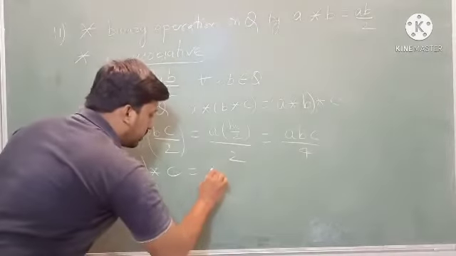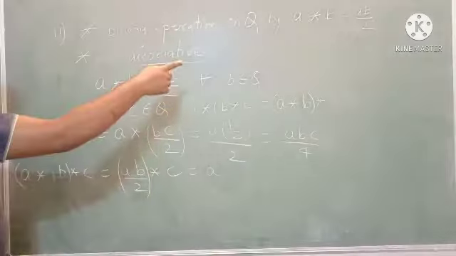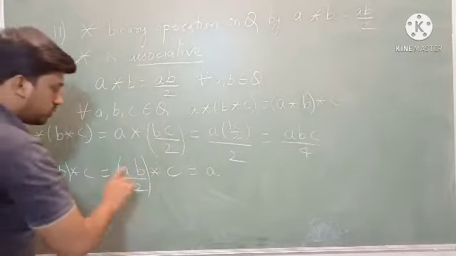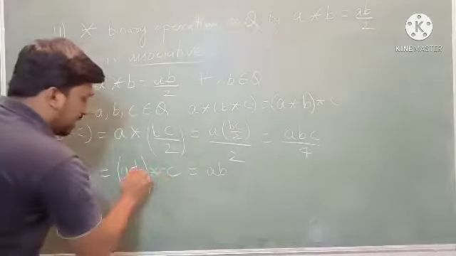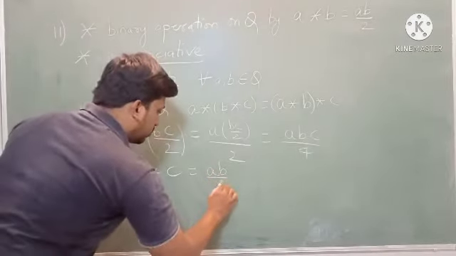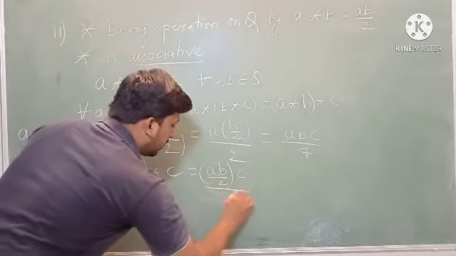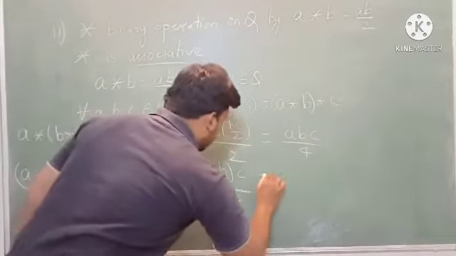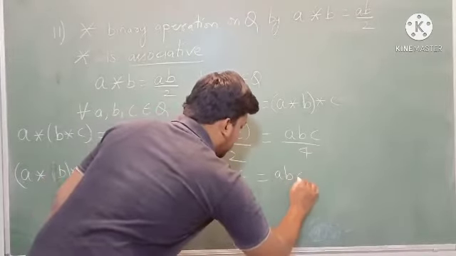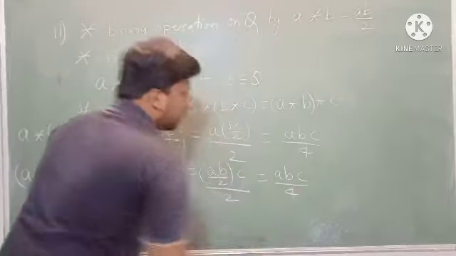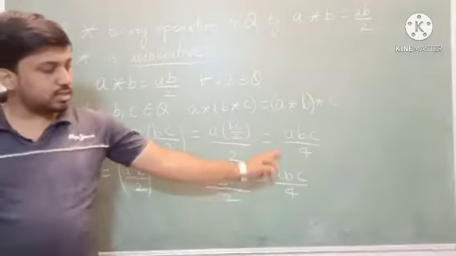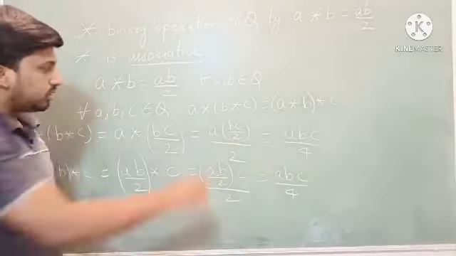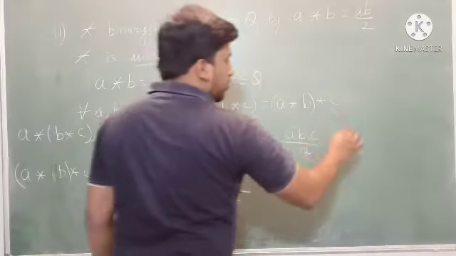We know that A star B is AB by 2, so similarly we will get AB by 2 into C by 2. Understanding? That is nothing but ABC by 4. See, LHS is equal to RHS, isn't it? This is equal to this. So therefore what are you going to write?